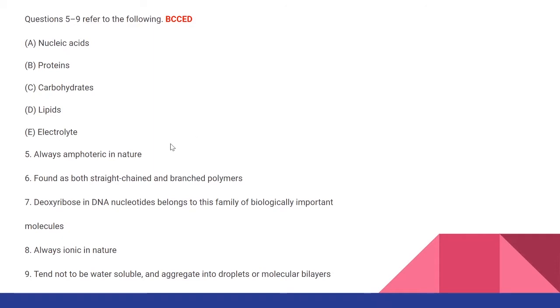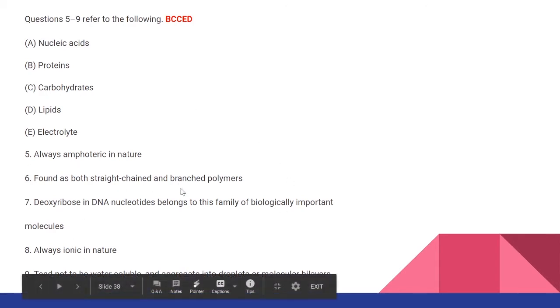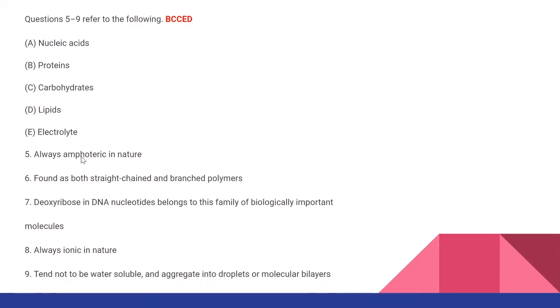So you're basically going to have a bunch of options and essentially definitions or properties or statements about different concepts, and you're going to have to really know which one is for which. So what is always amphoteric in nature? That is proteins. Proteins are always amphoteric in nature.